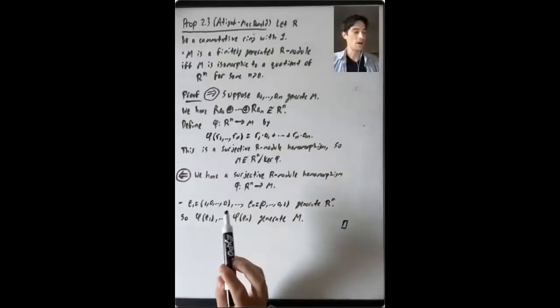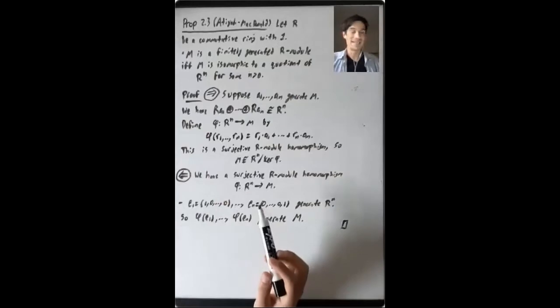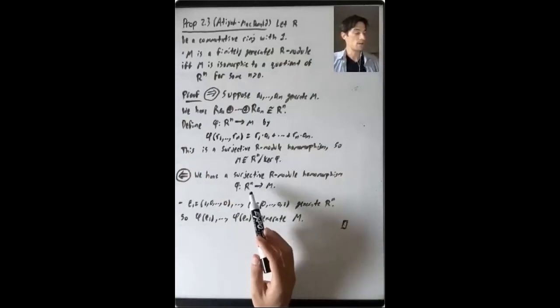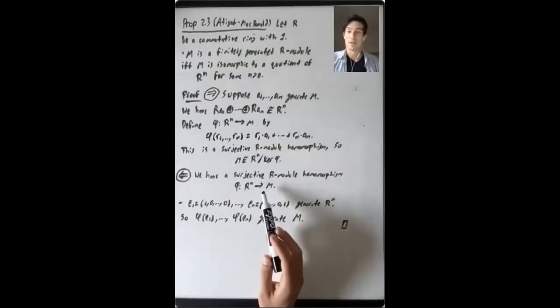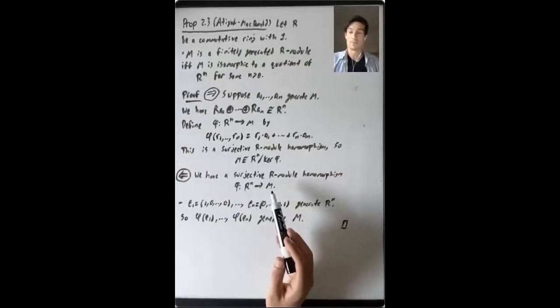So if we know that M is isomorphic to a quotient of R^n for some positive integer n, then that means we have a surjective R module homomorphism from R^n to M. Why? Because M is isomorphic to R^n mod some submodule, and every submodule is a kernel of some R module homomorphism.